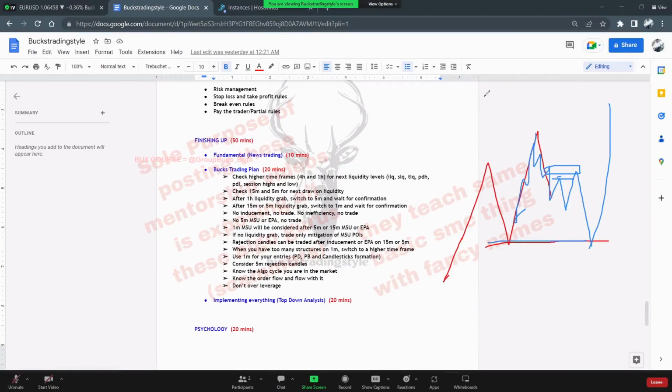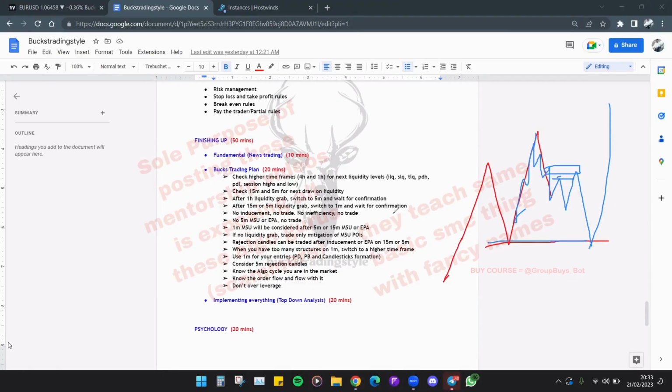Okay. Now, for the next one, after 1 hour liquidity grab, switch to 5 minutes and wait for confirmation. This is very important because if you see the liquidity grab on the higher time frame, let's say this is the 1 hour time frame, and price grabs liquidity right here, you cannot just switch directly to your 1 minute time frame to start looking for entry.